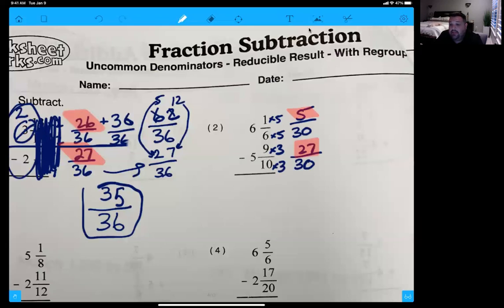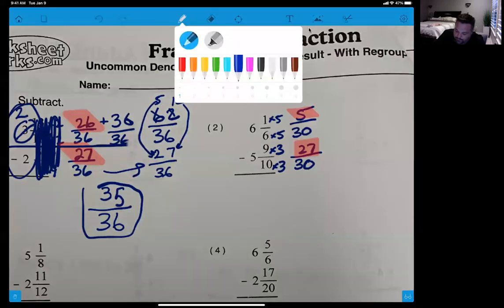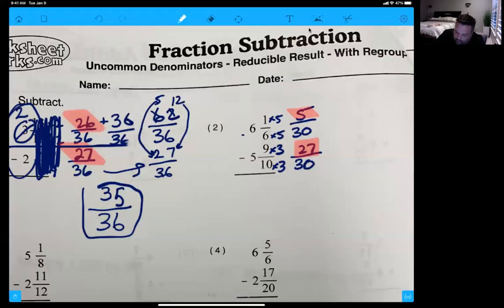Or you can't take 27 away from the 5, right? So what do we do? We got to go over and break up this 6 and take that whole, and we're going to make it match the denominator, which is 30. So it would be like adding 30 30ths over here, which would give us 35 30ths.